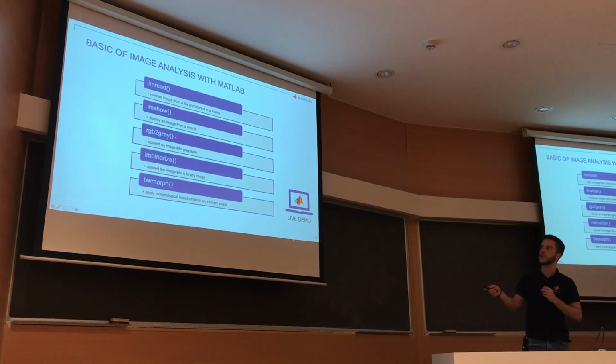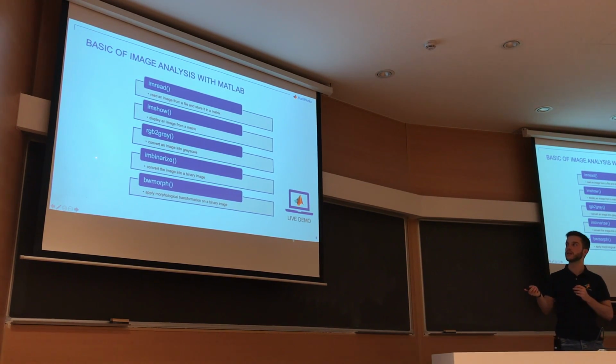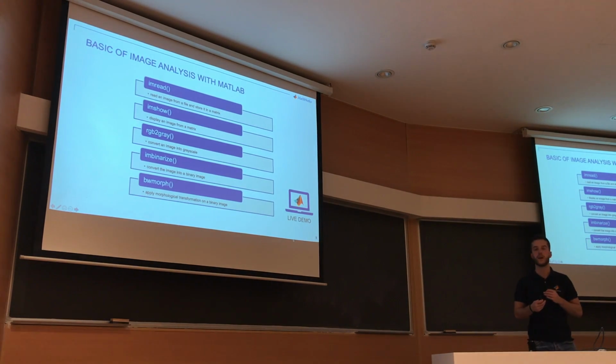rgb2gray is, like the name states, the transformation from the RGB, so a 3D matrix, to one 2D matrix. So we convert the RGB image into a grayscale image, okay? This is performed automatically. You can also state how this task is performed, so how you have to compact the color into the grayscale.